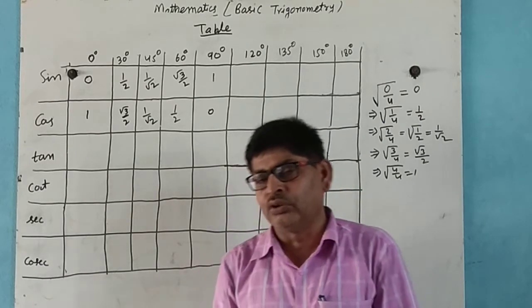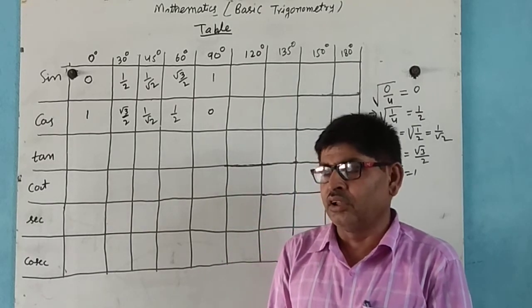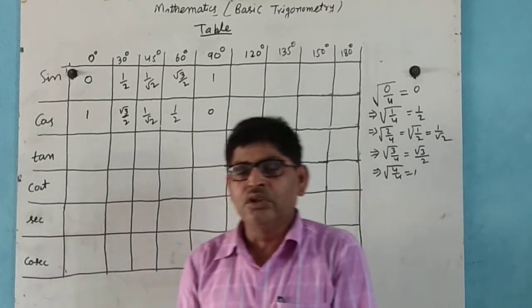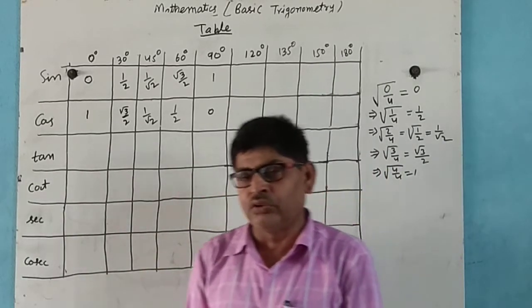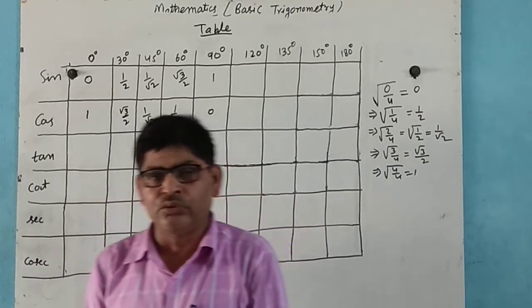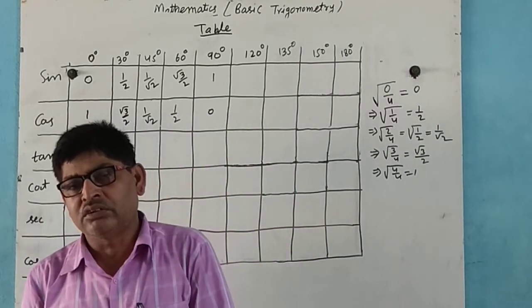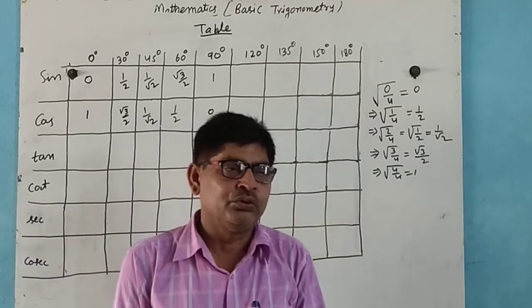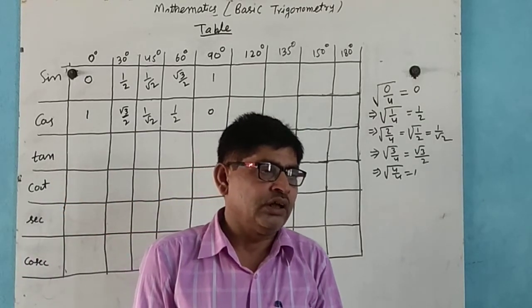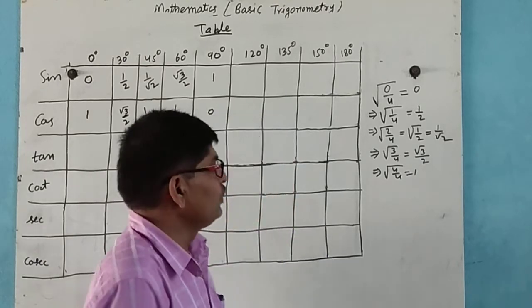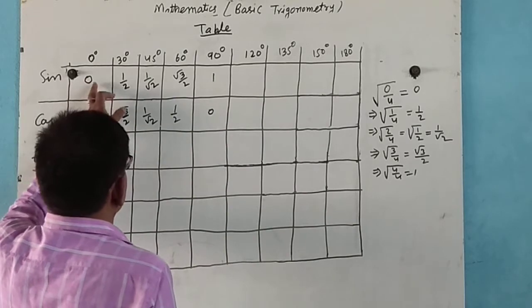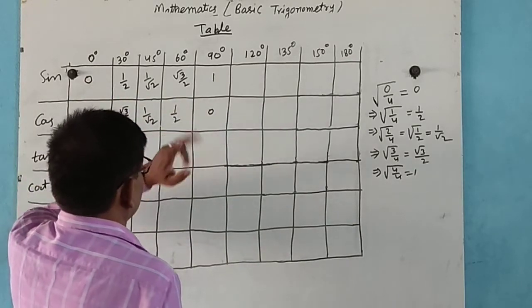Cos 0 is equal to 1, cos 30 degree is equal to sin 60 degree, root 3 by 2, cos 45 degree is equal to sin 45 degree, 1 by root 2. Cos 60 degree is equal to sin 30 degree, 1 by 2, and cos 90 degree is equal to sin 0 degree, that is 0.